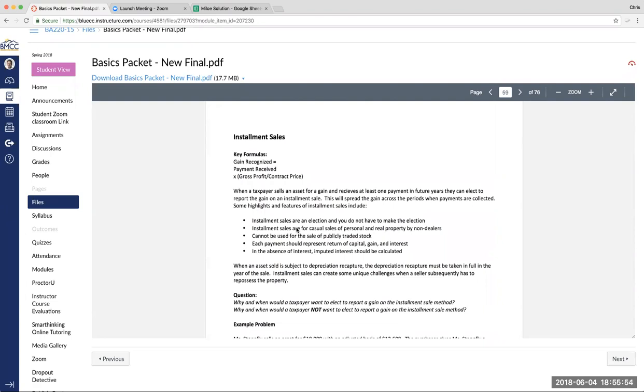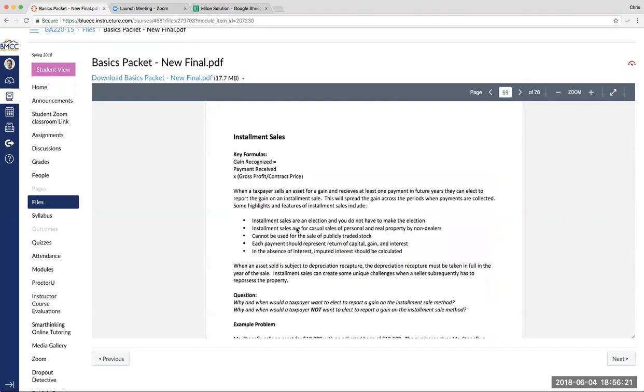And so this idea of trying to collect the tax when the taxpayer has the cash also drives installment sales, where basically if I sell a capital asset at a gain to somebody, but I disperse my payments over time, then I'm going to disperse my gain over time also.